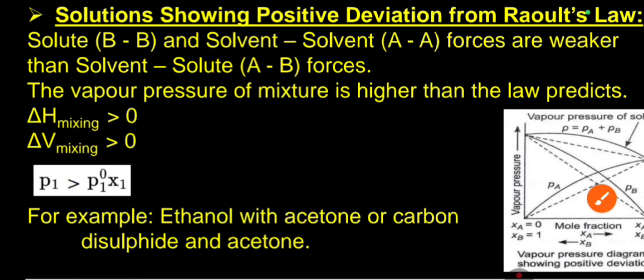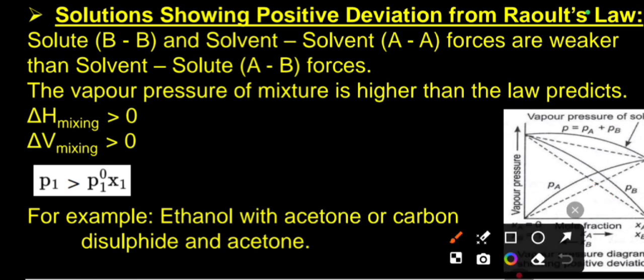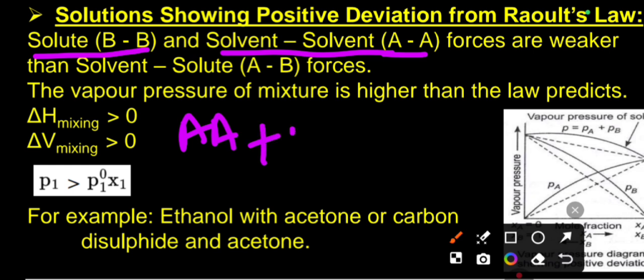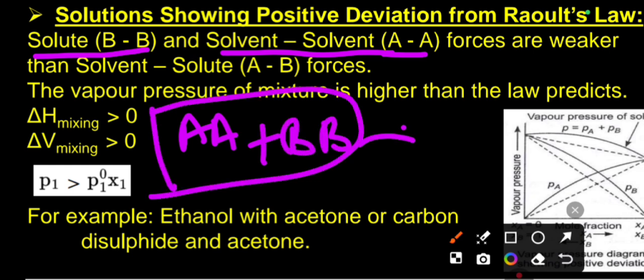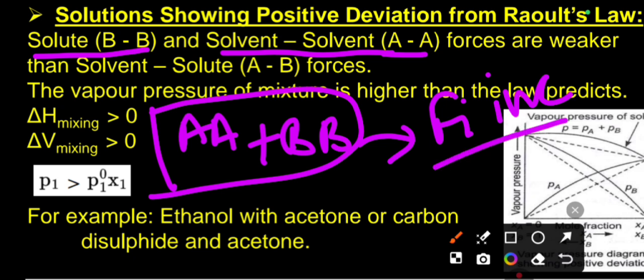So one thing you should know, suppose you have taken a solute B and solvent A, and you have added B to A. After mixing, if the forces of interaction increase, then they will come close to each other and make a strong bond.